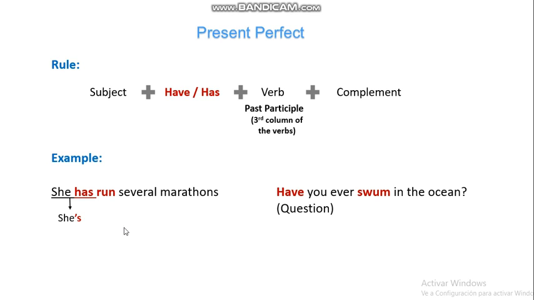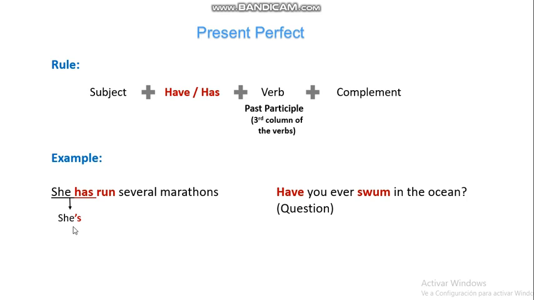We are going to see two examples, okay? She has run several marathons, okay? Has is the auxiliary and run is the verb in the third column. We can also write she's instead of she has, which is the same.